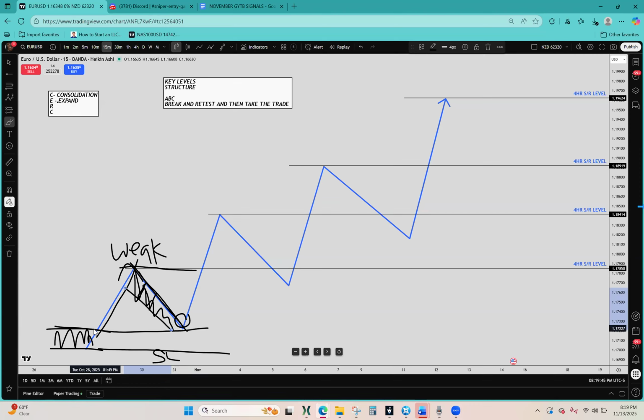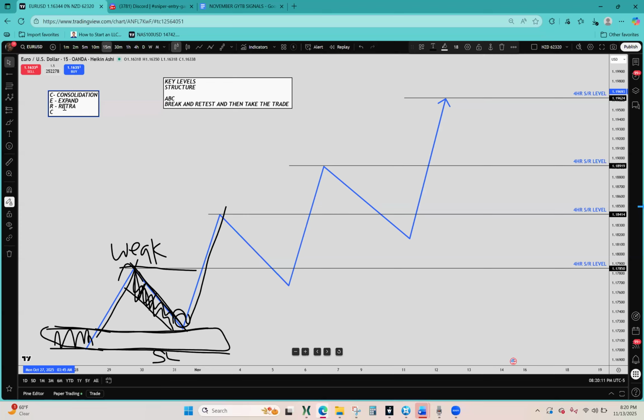Be patient. Let it come back to that base. And then when we see the breakout, maybe you can wait for the retest. We're looking to carry that ride up, right? So that means this is the retracement phase, right? And if you notice, the market is going to repeat that over and over.